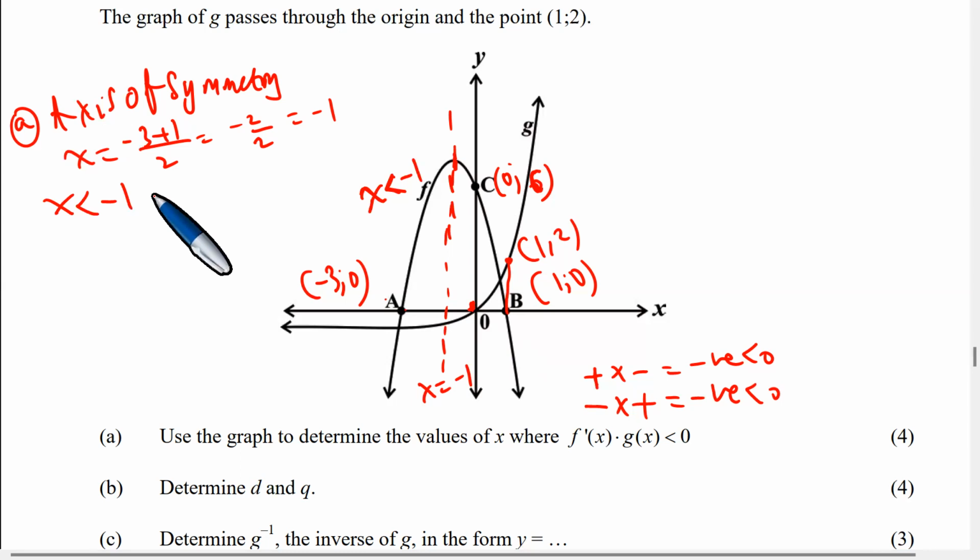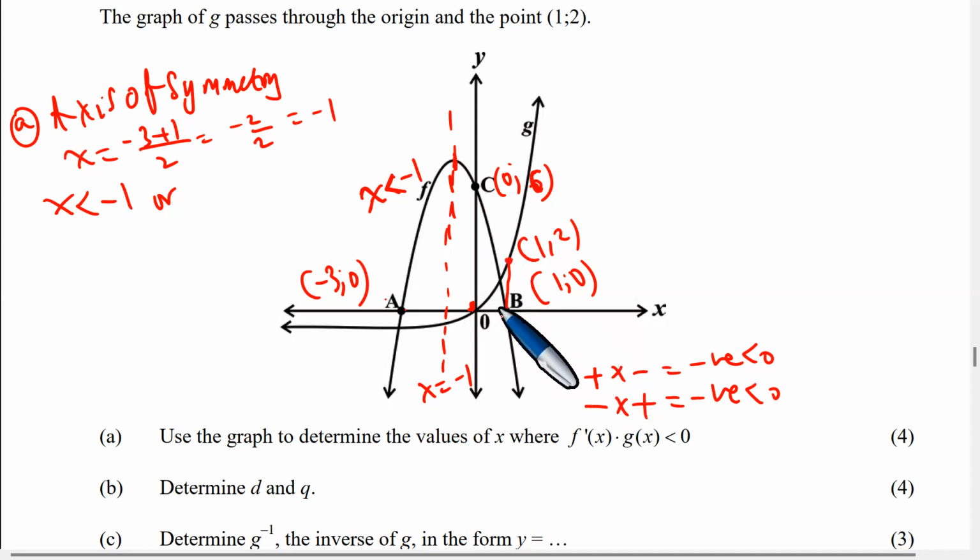So it's x less than that, or let's look at the other part. When the slope is negative, the f function is sloping down, because a tangent to the function is going to be a negative, going-down slope. So we're saying the gradient is negative and the function g is positive.